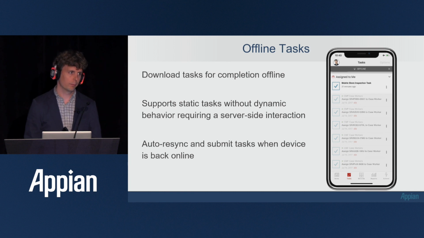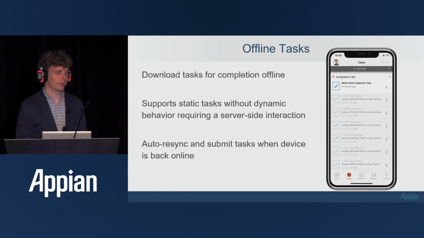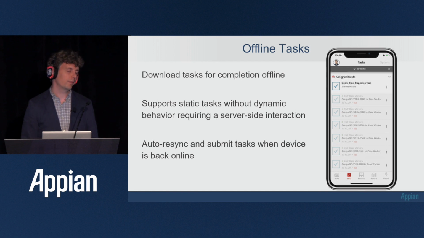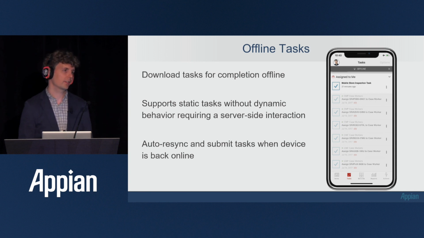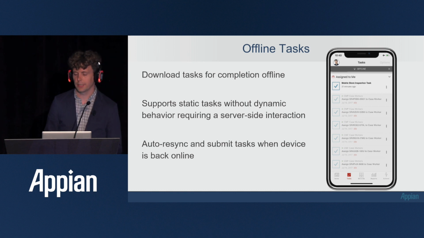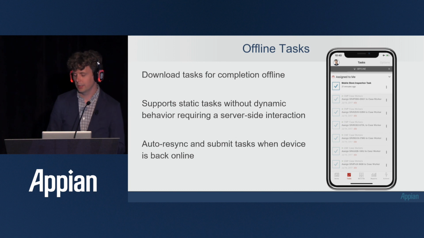This is obviously really important for what I like to think of as ruggedly mobile users who are off in a national park or on an oil derrick or something like that. But what we found is that even people in more conventional settings, sometimes you want to pull out your phone and fill out a task, and you're in a parking garage or on a subway and your connection's spotty. So we think there's a lot of opportunity for this to help here as well.